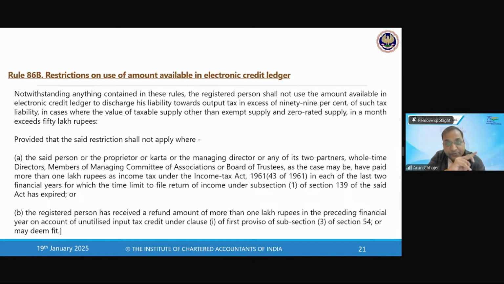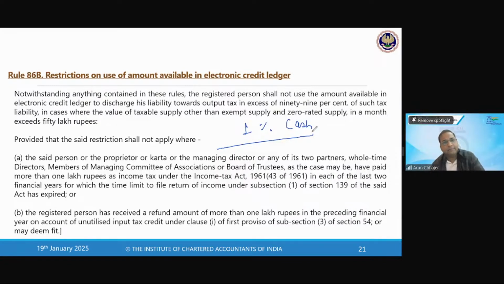Now the 86B is 99% ITC, 1% all has to be paid in cash. Sure. That 1 year. So that 1 year thing, what is that? I didn't understand, sir. But how it will get rectified automatically? It's controlled by the system.